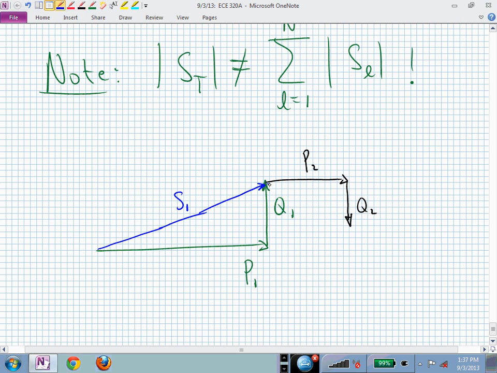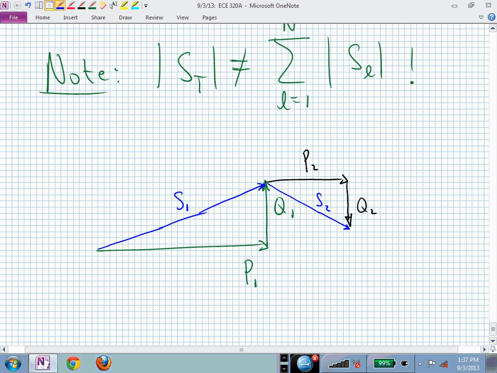Now we have S2. What's the total complex power? So I need to add up my vectors, don't I? I can't just add their lengths.